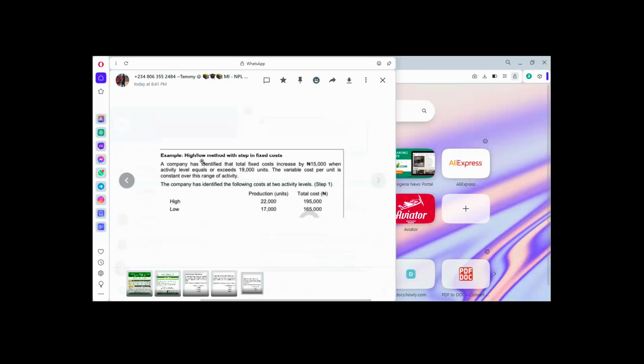What are you supposed to do to solve this? Are you with me? The first thing that will come to your mind is that what you are given is within the range of equal to 19,000 or exceeding 19,000.